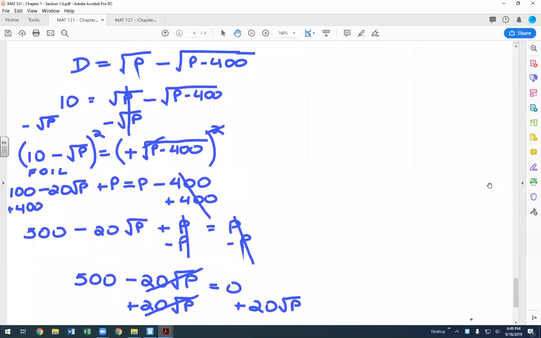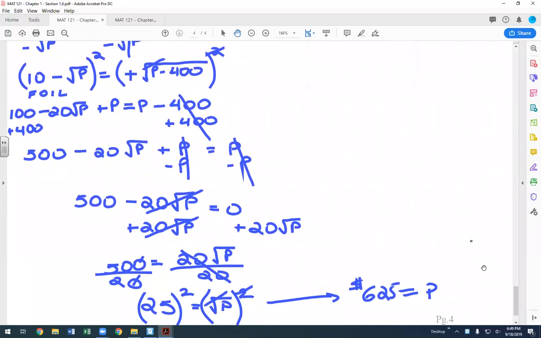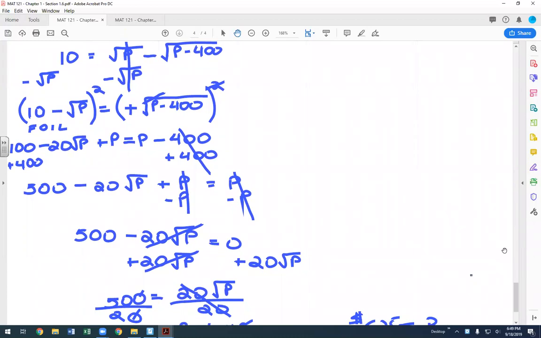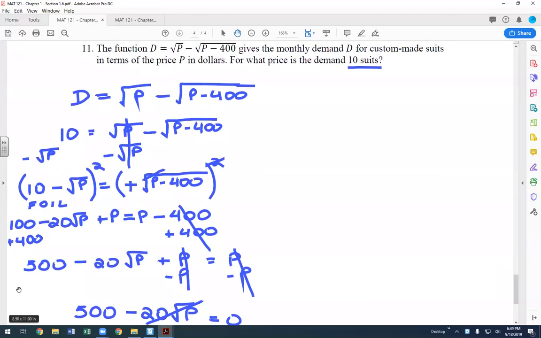Okay, questions on the process that we went through? Amy: So earlier in the problem, because it's minus the square root of, where did that negative go? Show me where you're at. Amy: At the very top it says minus square root of p minus 400, and then right underneath it says plus. Okay.